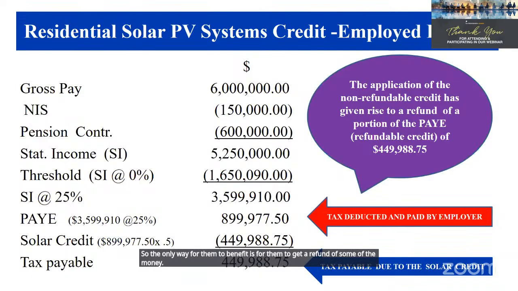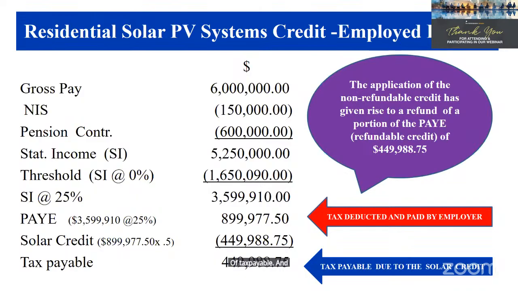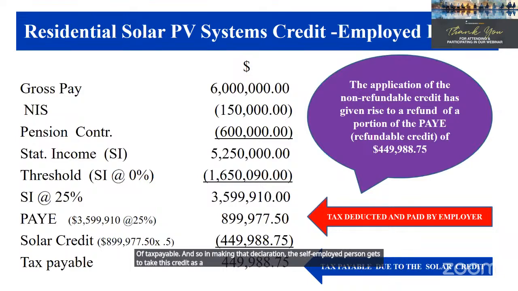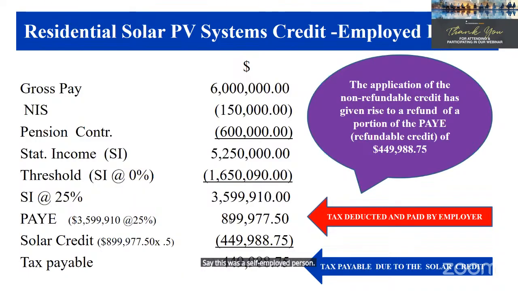When it comes to the self-employed person, they are required to make their personal declaration of tax payable. And in making that declaration, the self-employed person gets to take this credit as a deduction against their tax payable. Say this was a self-employed person required to pay $8.99.